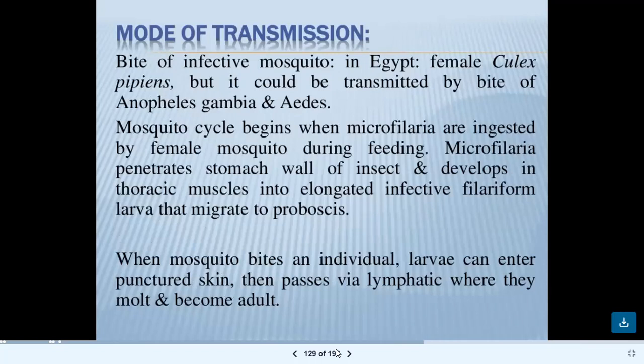Microfilariae penetrate the stomach wall of the insect and develop in the thoracic muscles into elongated infective filariform larvae that migrate to the proboscis. When the mosquito bites an individual, larvae can enter the punctured skin, then pass to the lymphatics, where they molt and become adults. So that's all for these three main diseases that are associated with arthropods.